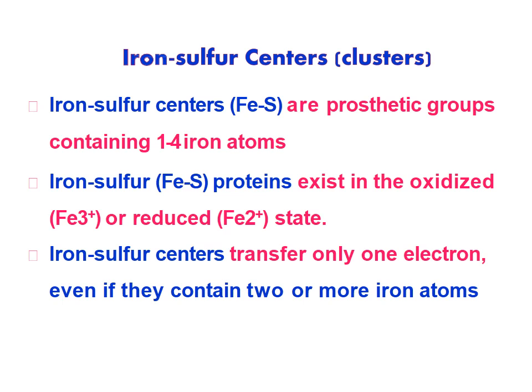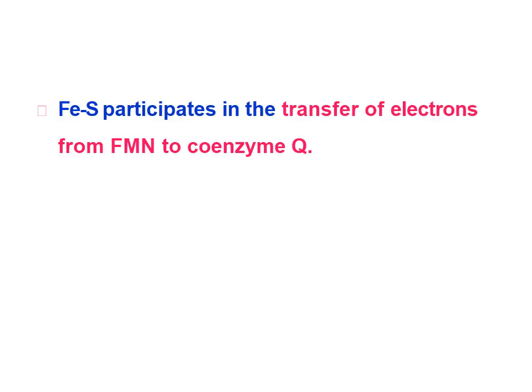The iron-sulfur center transfers only one electron, even though 2 or 3 electrons are reaching that position. Then, this FeS participates in the transfer of electrons from FMN to coenzyme Q in the case of complex 2.